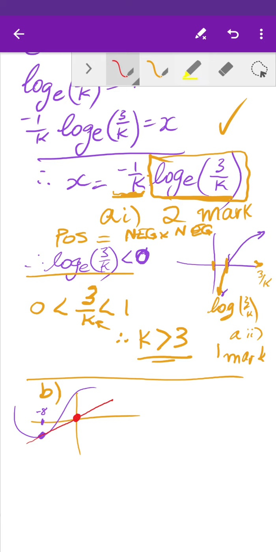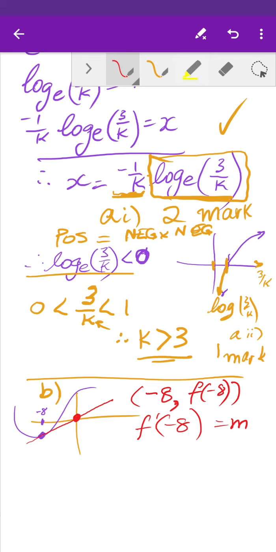So we need a y value. We know x is negative 8. We need our y value, that's the function of negative 8. And we need a gradient, which is the derivative at negative 8. Once we know that, we can put it into y equals mx plus c. Now, c is 0 because it goes through the origin. So we know that's going to be plus 0.